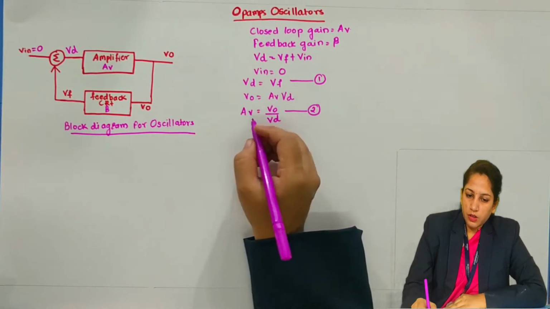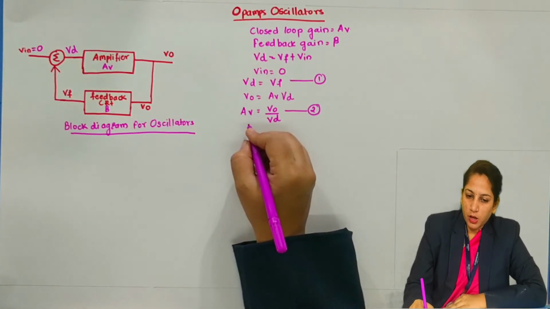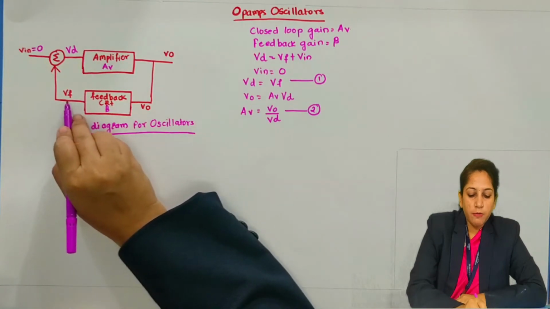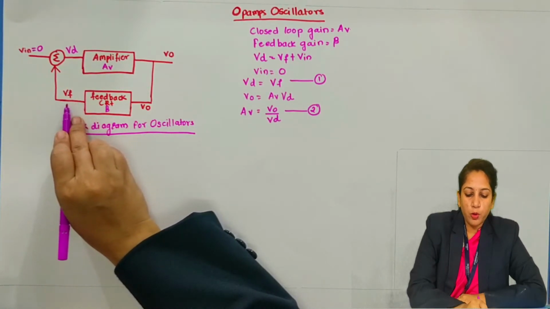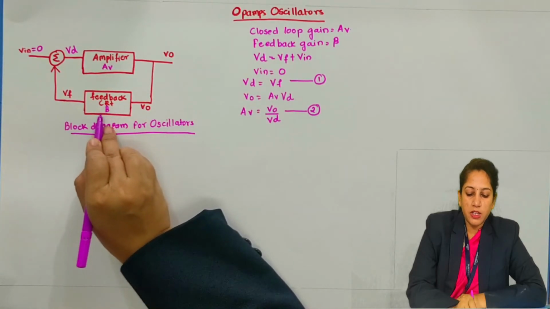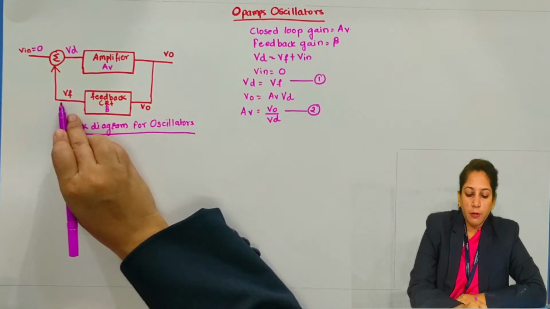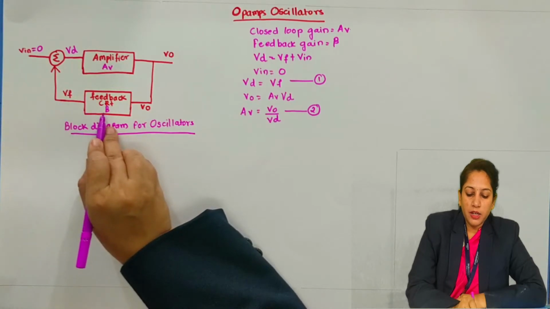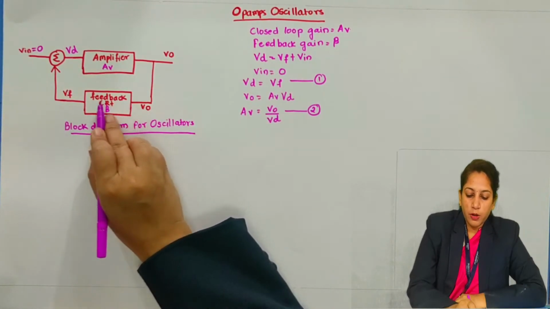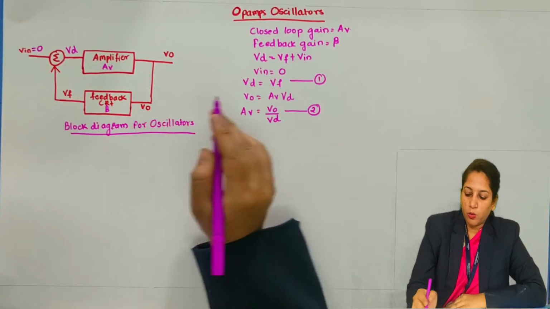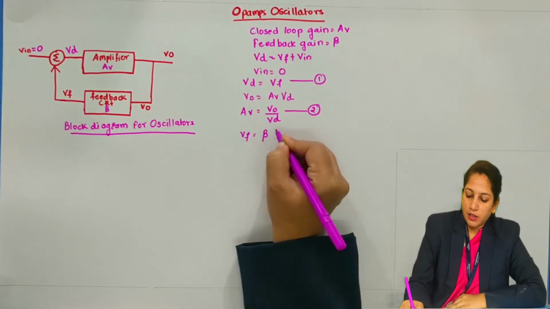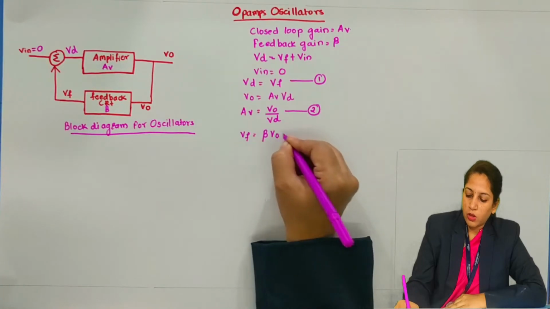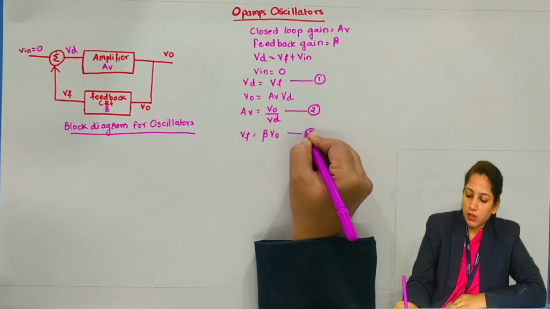Now again I will derive a formula for VF. Suppose we consider only the feedback circuit. This is the input of the circuit and this is the output, and the gain is beta. So the output VF will be equal to beta, the gain of the feedback circuit, into V0. So VF will be equal to beta into V0. I will consider this equation number 3.